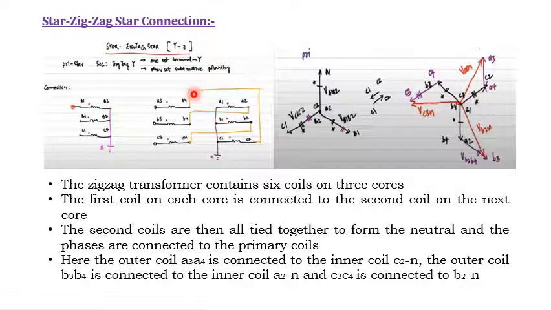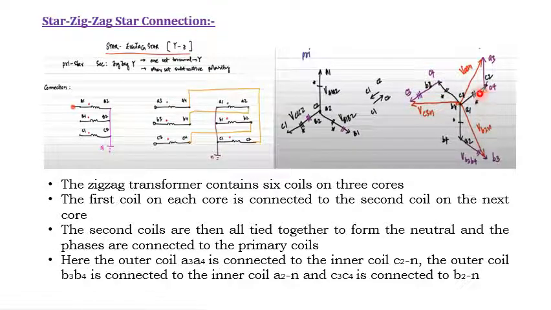Where does the resultant come? You can draw the resultant from the origin to here. This is the resultant. Similarly, draw one line from the origin to a point here, and similarly from the origin to a point here. So this becomes the resultant of the respective phasors.